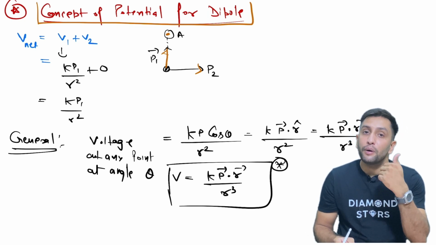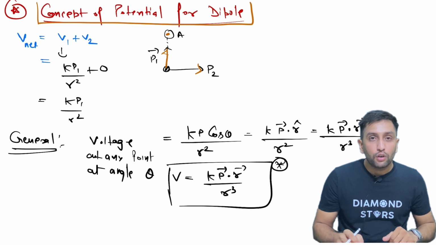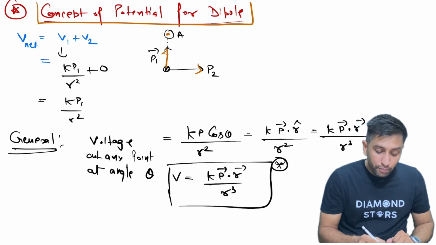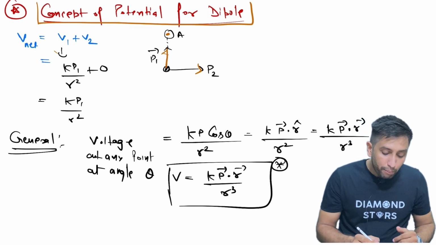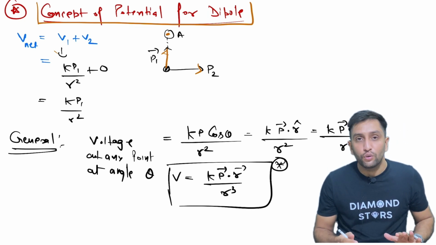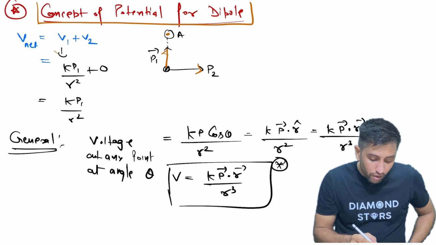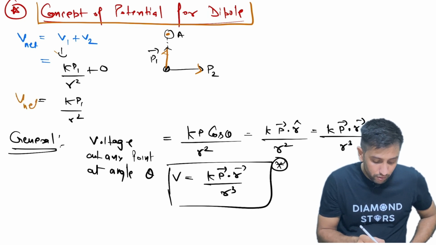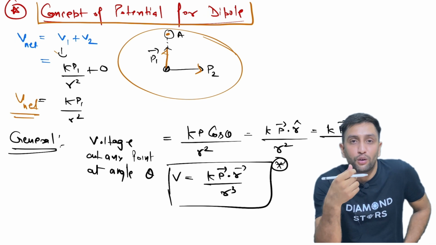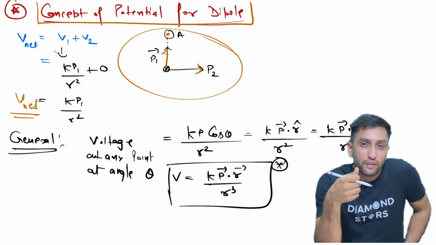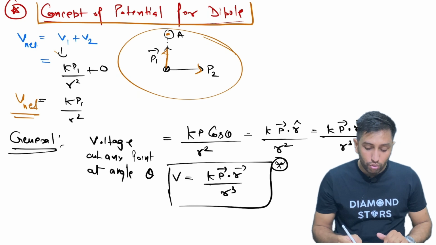Axial point पर kp by r square होती है, equatorial पर 0 होती है. तो आप V1 plus V2, because it is a scalar quantity, you can add them directly. So kp1 by r square plus 0, and kp1 by r square is your V net. In this case, you can say this is a small example or small numerical for the potential. But in the general case, I am giving you the whole idea.